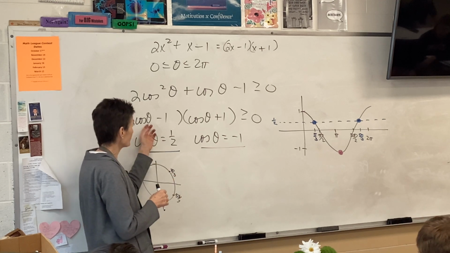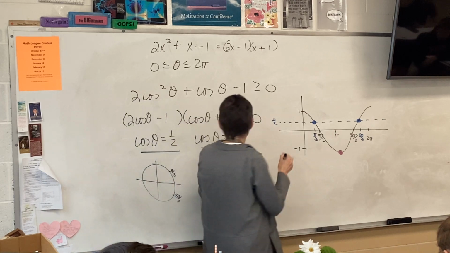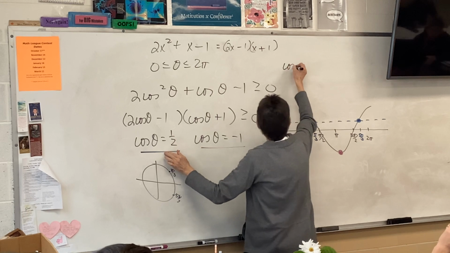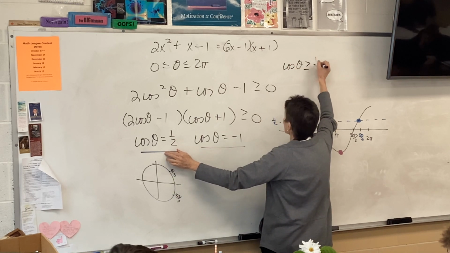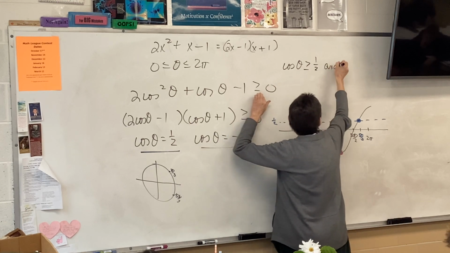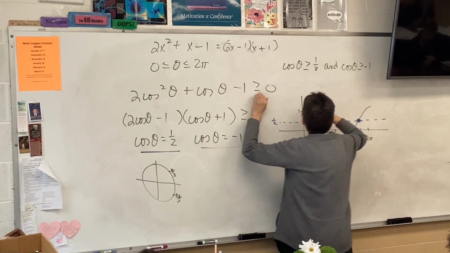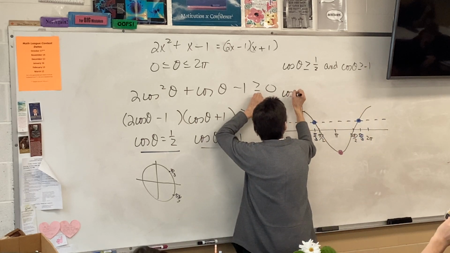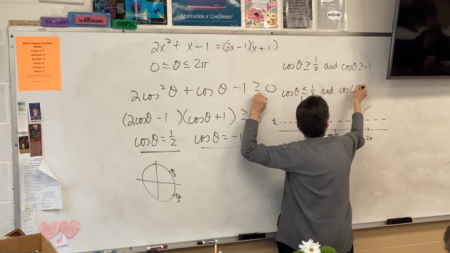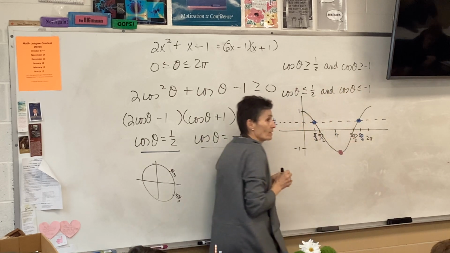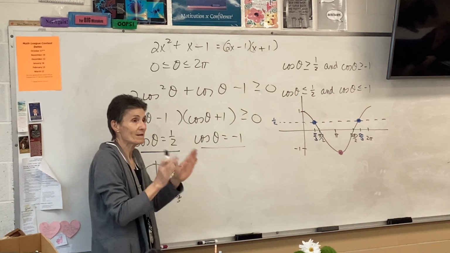What does that mean? If I'm multiplying two things together and it's greater than, then these are either both greater thans, so cosine greater than or equal to a half, and cosine greater than or equal to -1, or cosine less than a half and cosine less than or equal to -1. Okay, does that make sense to everybody?